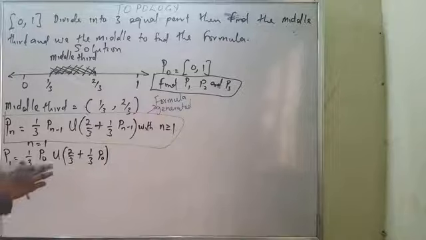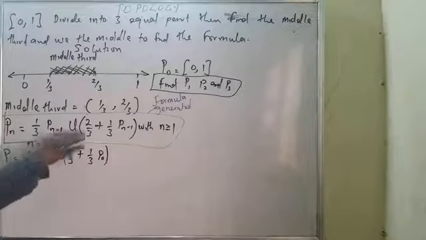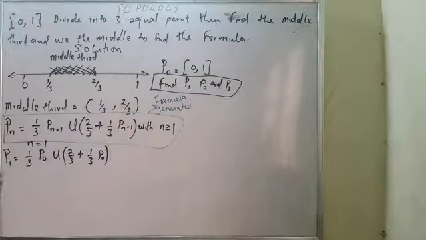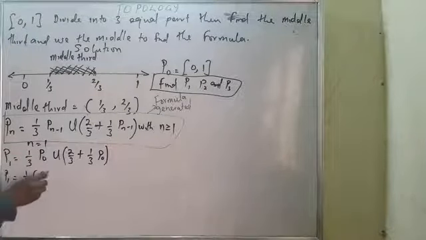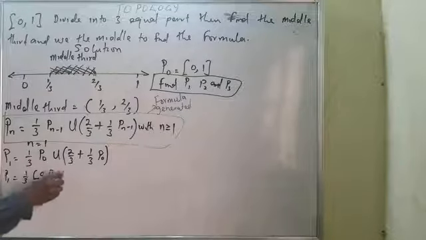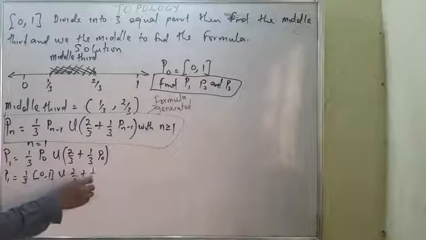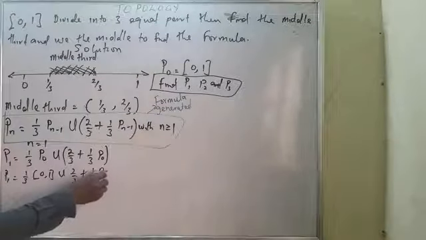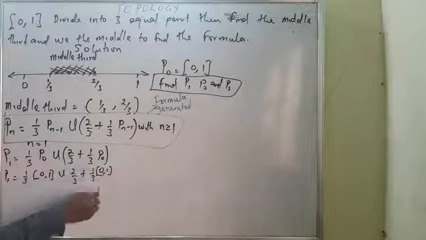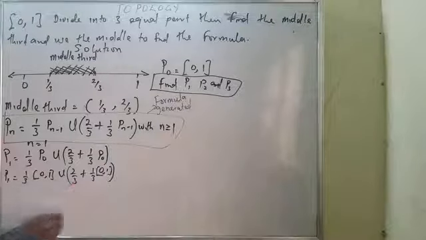Now, can you see my n is 1. P1 will be equal to 1 all over 3, what is my P naught? Union 2 all over 3 plus 0,1. Now, when I have something like this, listen to me, this is not a crime.